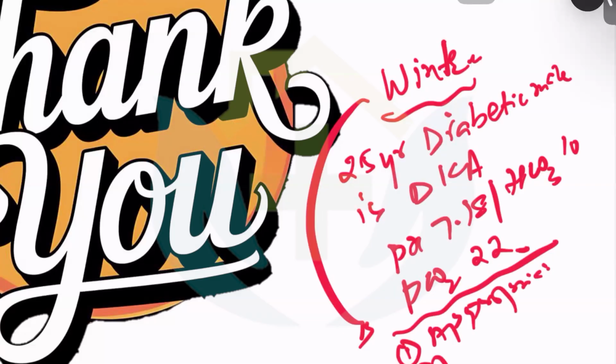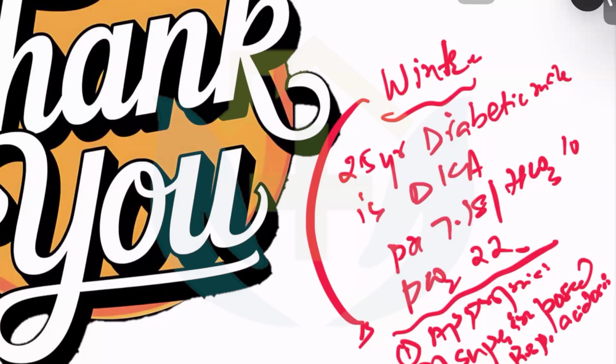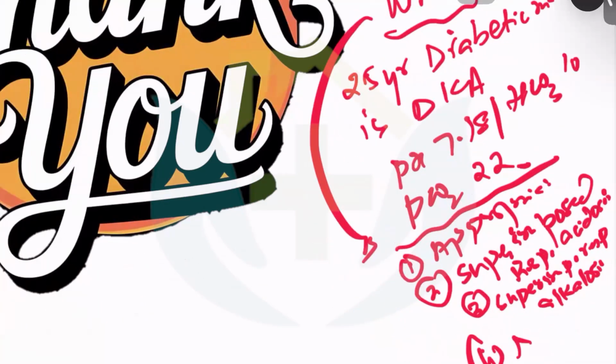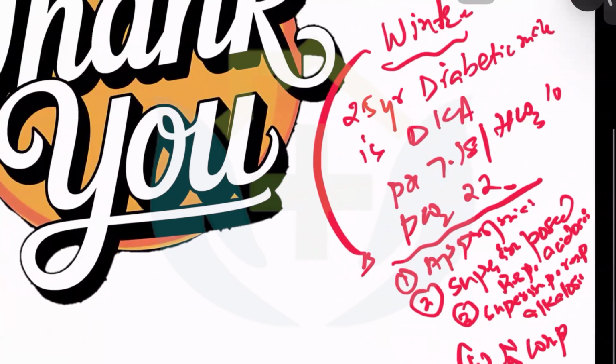Number two, superimposed respiratory acidosis. Number three, superimposed respiratory alkalosis. And number four, no compensation. Okay, from Nepal. Excellent.